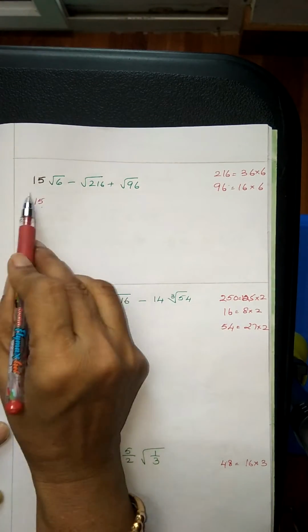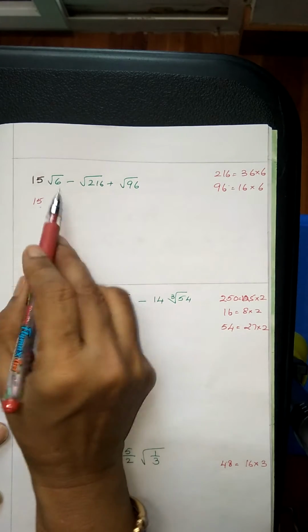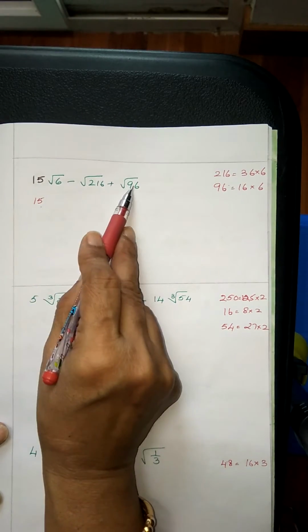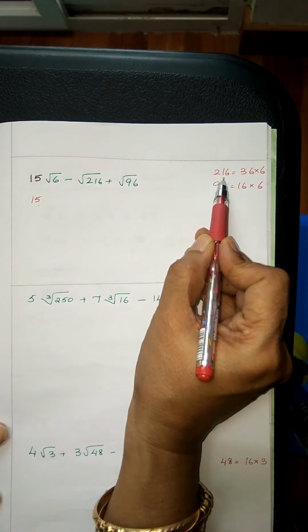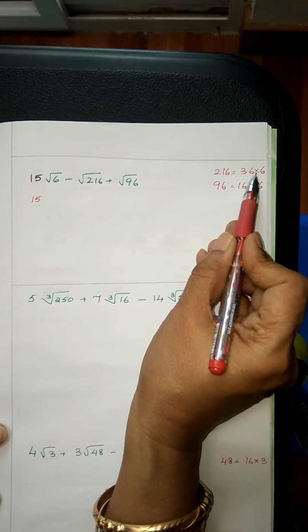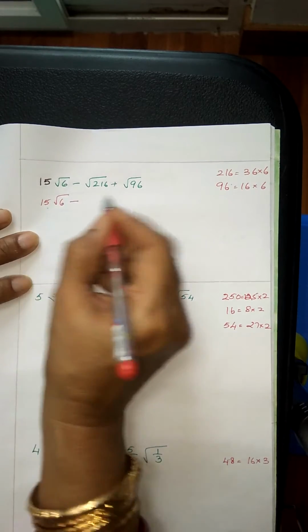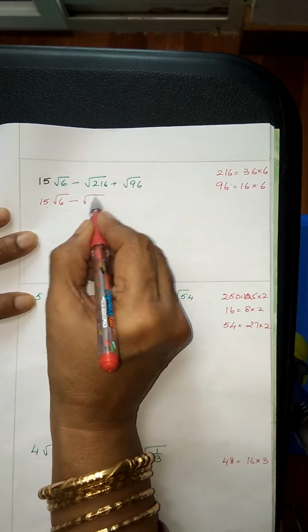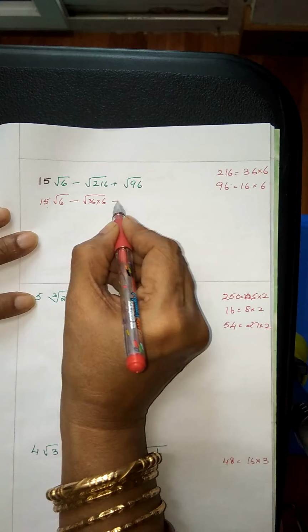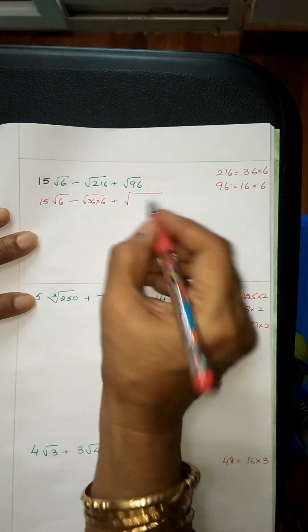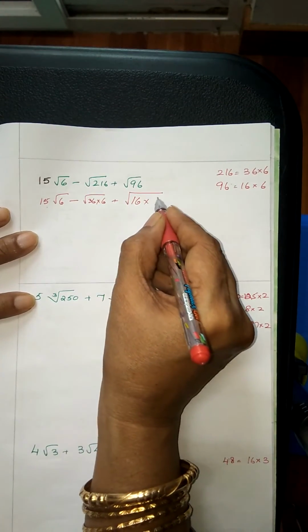Simplify this term. Root 6, root 216 and root 96. So let us factorize 216 and write it as 36 into 6. So we can write this as 15 root 6 minus root of 36 into 6 plus root of 96, which can be written as 16 into 6.